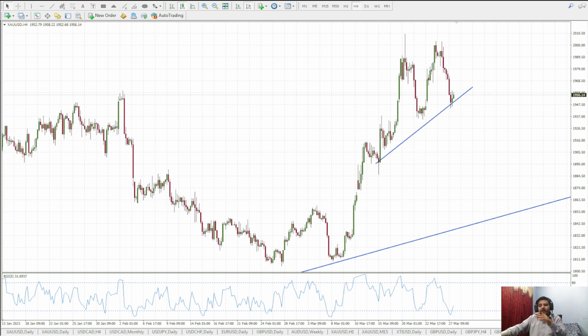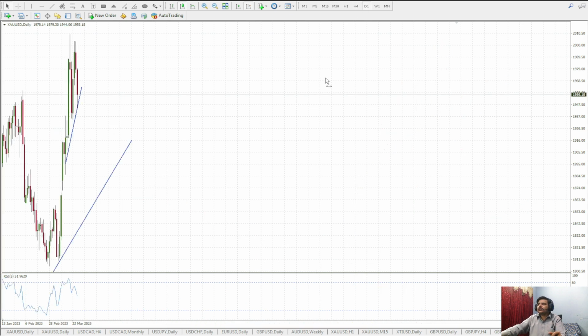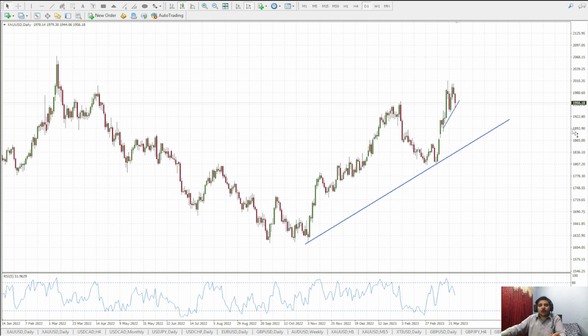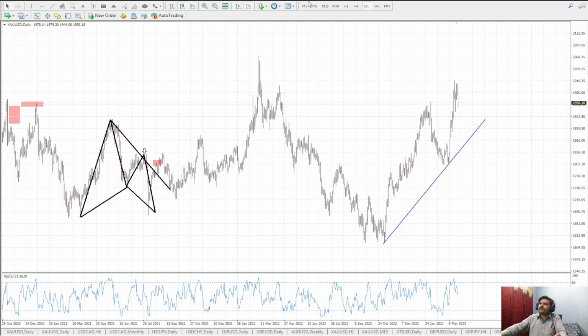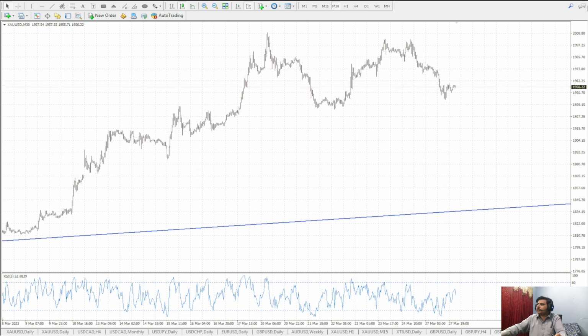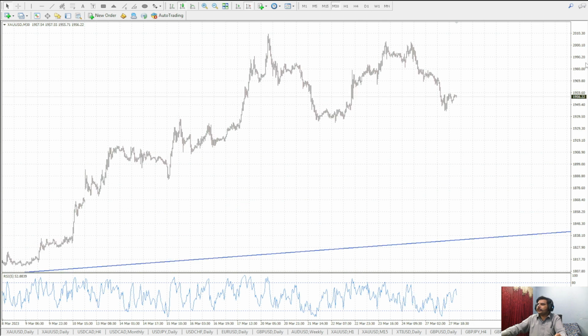Now let's get back to the main chart, the daily time frame, so that I can explain the concept very well. So see, this is the trend, and if I zoom out, let's say for this example, I will go down to M30.